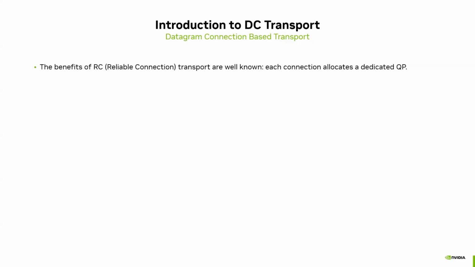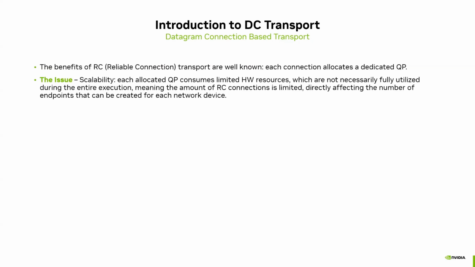The issue with it is that it's not very scalable as you have a growing number of EPs. You can understand why a dedicated QP for each possible EP can be limiting.